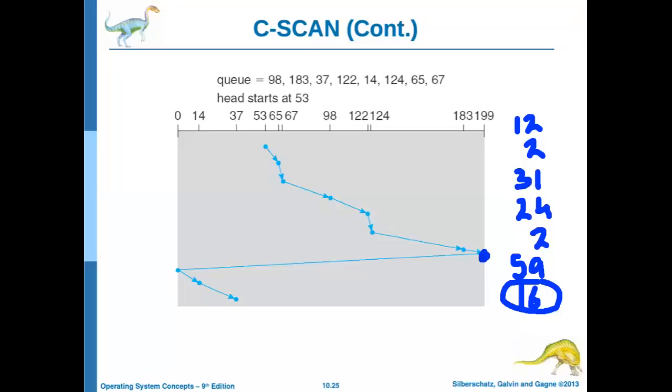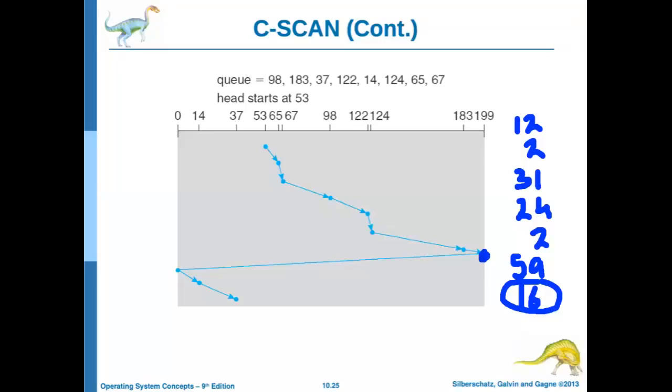But what this does is, it will move from 199 to the beginning, that means to 0. The question is, how much movement is required? Is it 199 minus 0? The answer to this is no. Why? Because the assumption for C-scan is that it is a circular list. So from 199 to 0, just one movement is required, just one, because it is circular.